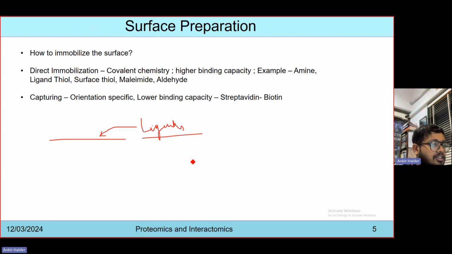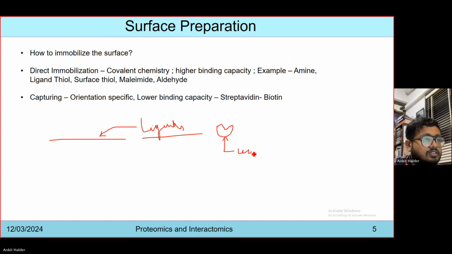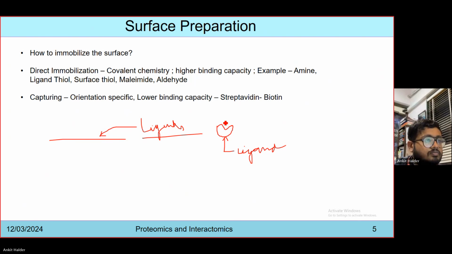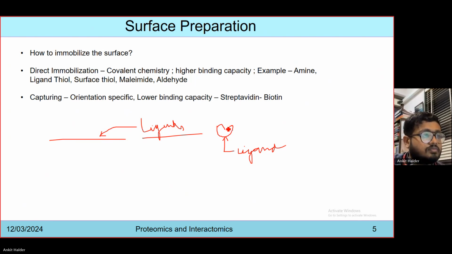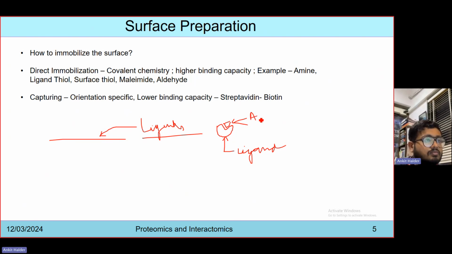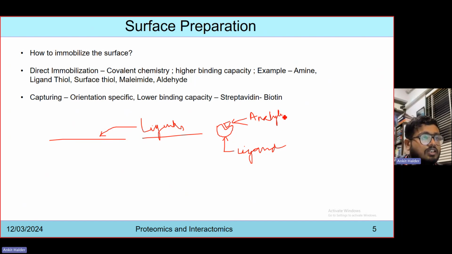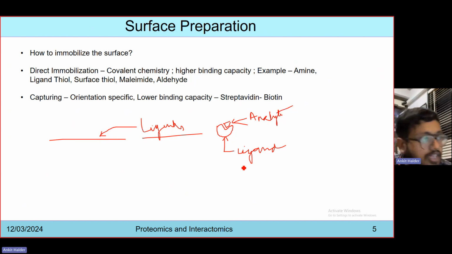So this is your ligand, and this is your analyte, right?